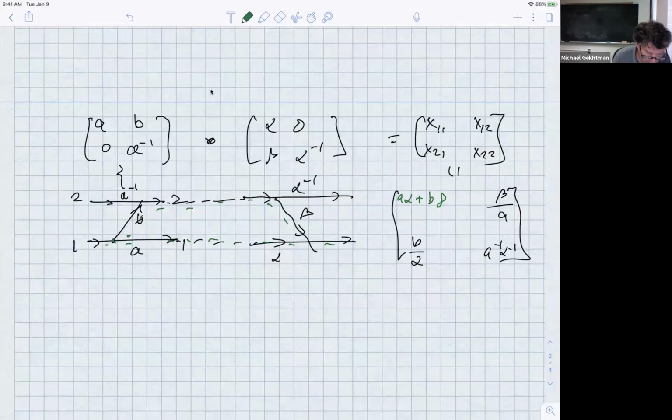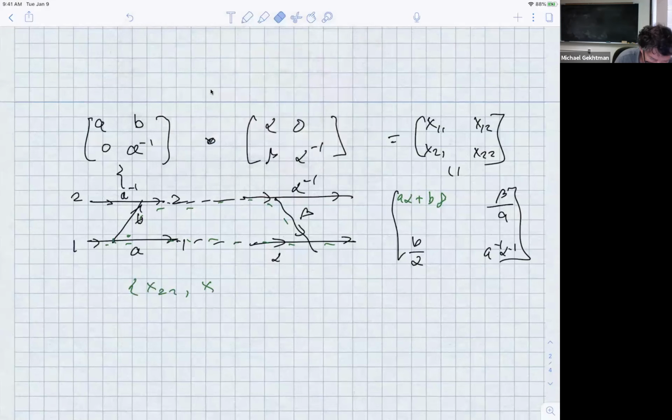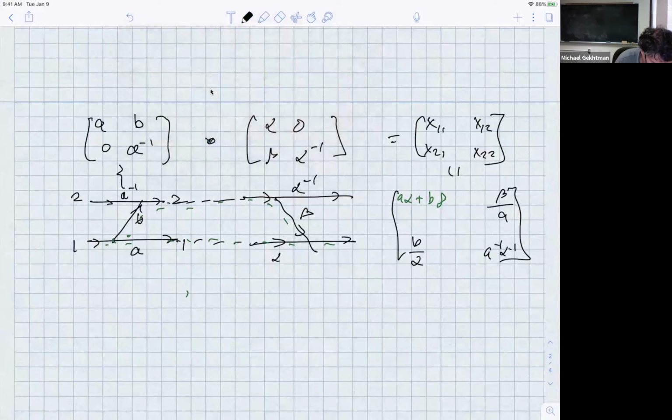I can see that the bracket between x22 and x, let me even, I'm not going to write them actually. I'm going to just list them. Okay. So this immediately tells me that the coordinates x22 and say x12, right?